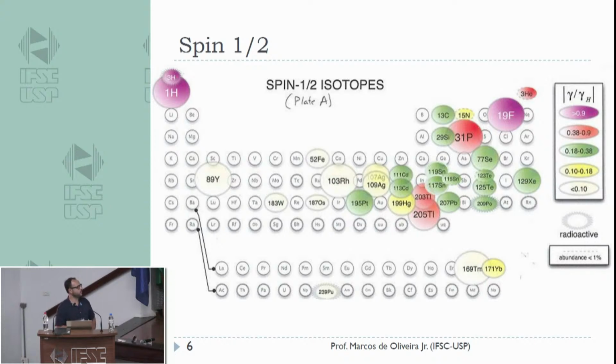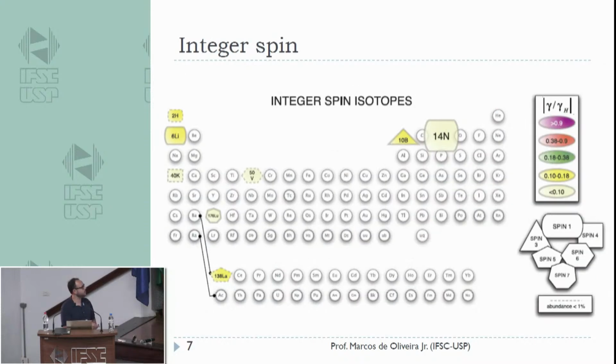So we have to deal with carbon-13, which is about 1% abundant. These are the ones that have spin 1/2, and I will limit the introduction of the phenomenon of NMR to spin 1/2 in the beginning, and I'll speak a little bit about the other spin quantum numbers in less detail afterwards.